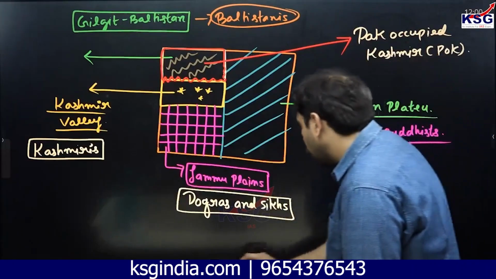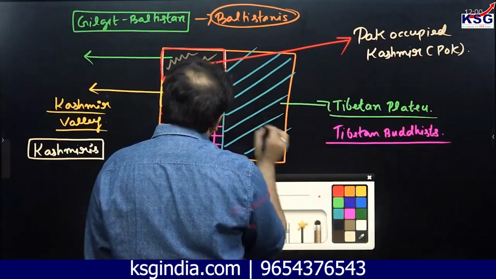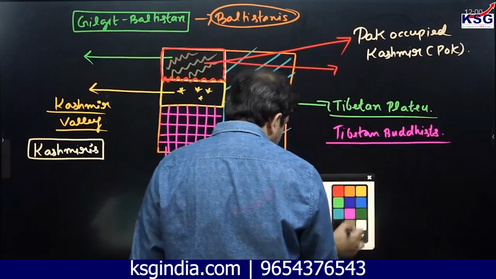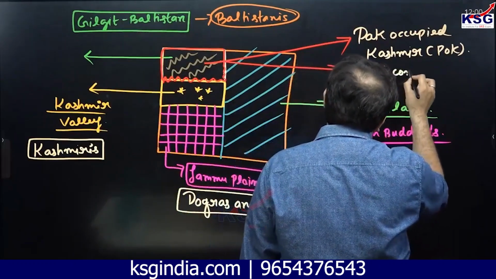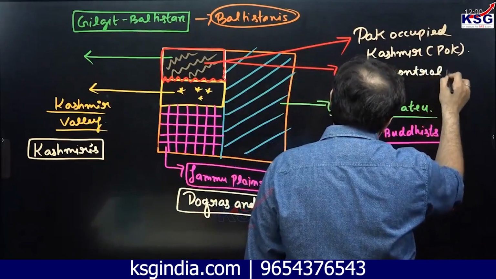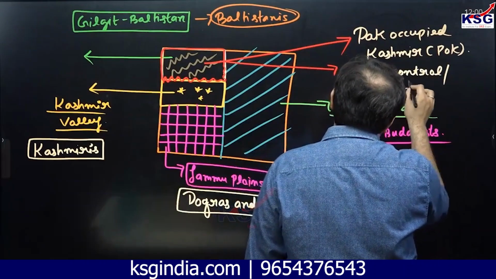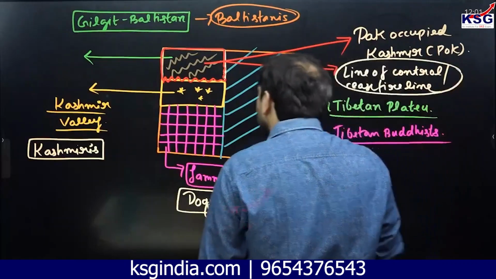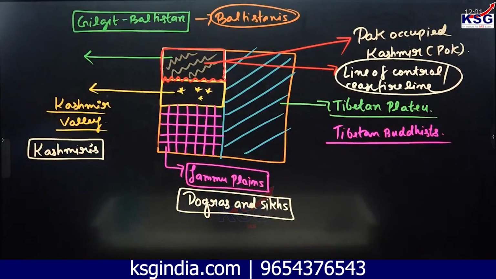The line going through the center, dividing this area, is known as the line of control. Previously it was also known as the ceasefire line, but currently it is known as the line of control. I hope you get a sense of this.